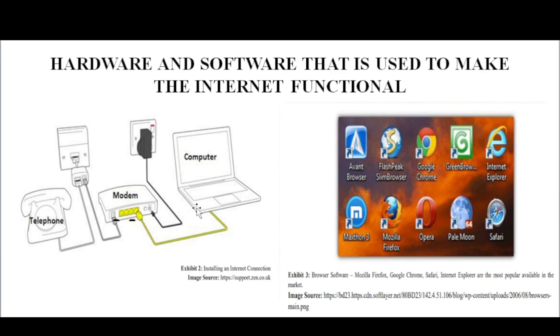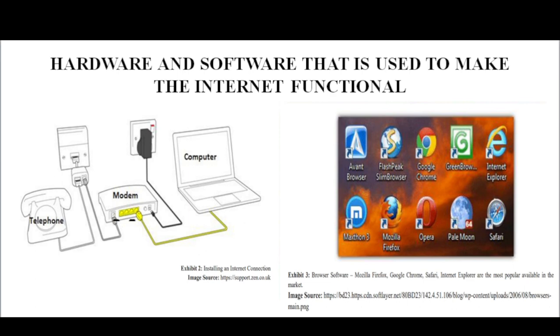Then computer, it is an electronic device which receives information and processes a set of instructions to produce an output. To run this computer, software is required. Two types of software are needed to enable the personal computer, PC, as an internet PC.